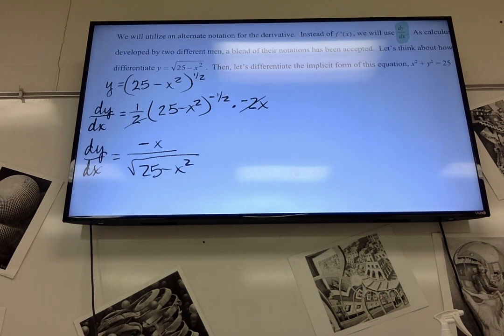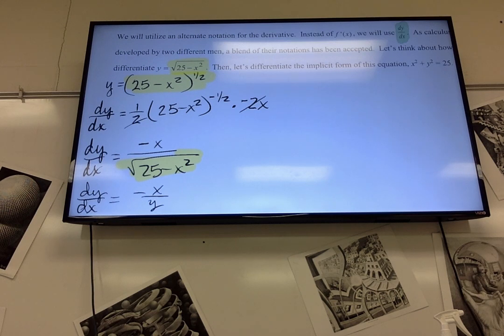Do you agree? Yeah. Okay. That y equals the square root of 25 minus x squared. So I can replace this square root of 25 minus x squared with y if I wanted to. I'm not saying I have to, I'm just saying it makes it look a little prettier.